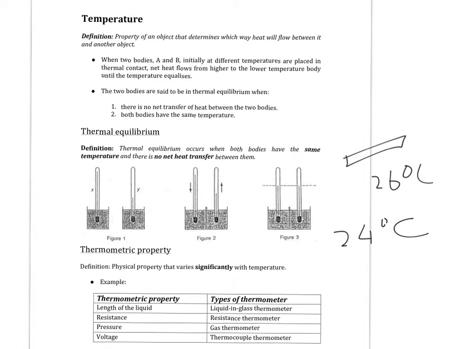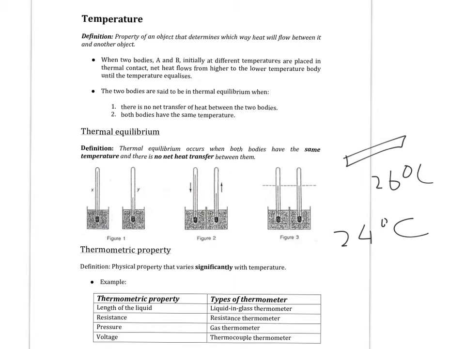So why is it important to learn about thermal equilibrium? It is because most of the thermometers that we use, especially in the labs, are actually based on this concept, which is thermal equilibrium. For example, if you are familiar with the mercury-in-glass thermometer, which is a type of liquid-in-glass thermometer, what happens is, if you put the thermometer into a beaker of hot water, we have to stir and wait for a while.